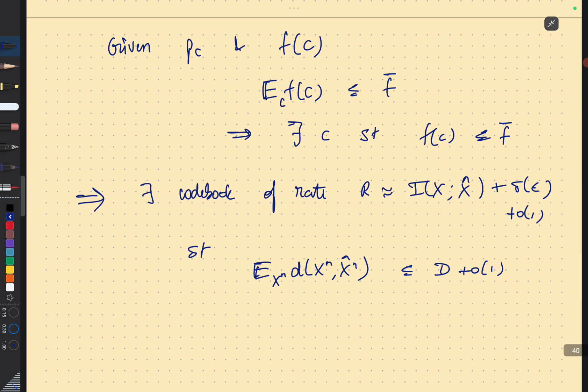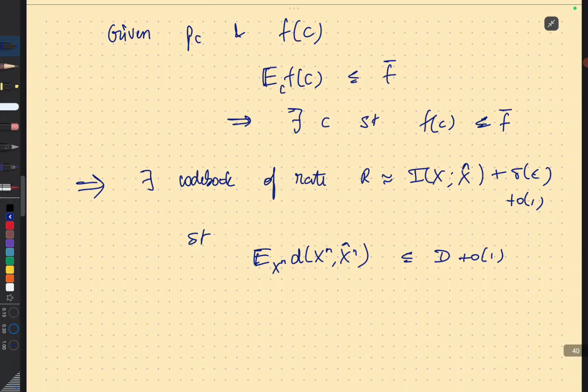We did this also when we talked about fixed length source coding. We didn't know what is a good code book for fixed length lossless compression. So we chose a suboptimal one. In this case, of course, we're choosing a suboptimal codebook, but I don't even know how to pick an explicit suboptimal codebook.